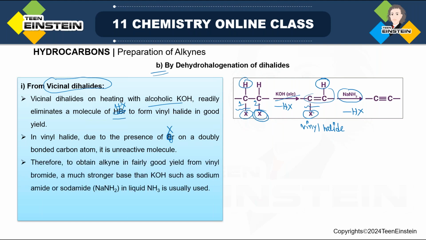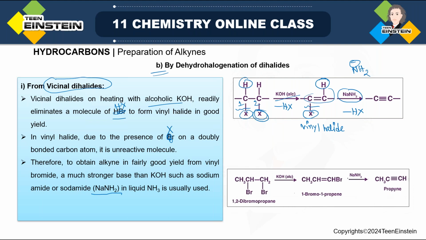So if you want to get a good yield, you have to use a strong base called sodium amide in liquid ammonia solvent, also called sodamide, where if you remove the sodium ion, the anion you are left with is NH2 minus, which is called the amide ion. Now we will see the actual example, CH3CHBrCH2Br, 1,2-dibromopropane.